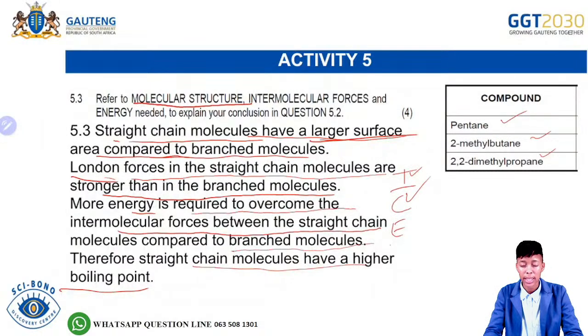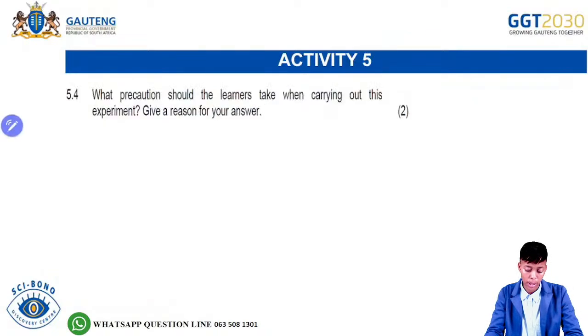Then we compared the strength of the London forces by saying that the one where we have a straight chain will have stronger intermolecular forces. And we therefore talked about the energy to say straight chain molecules will require more energy to overcome the intermolecular forces as compared to the branches. And then the last statement is where we concluded that straight chain molecules will therefore have a higher boiling point.